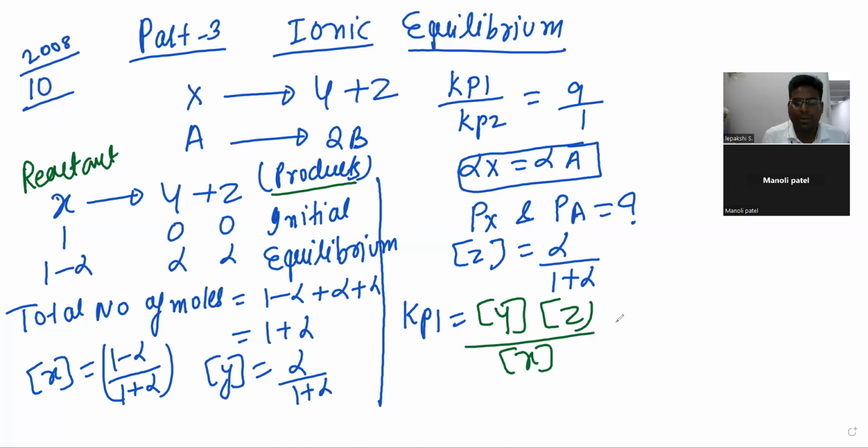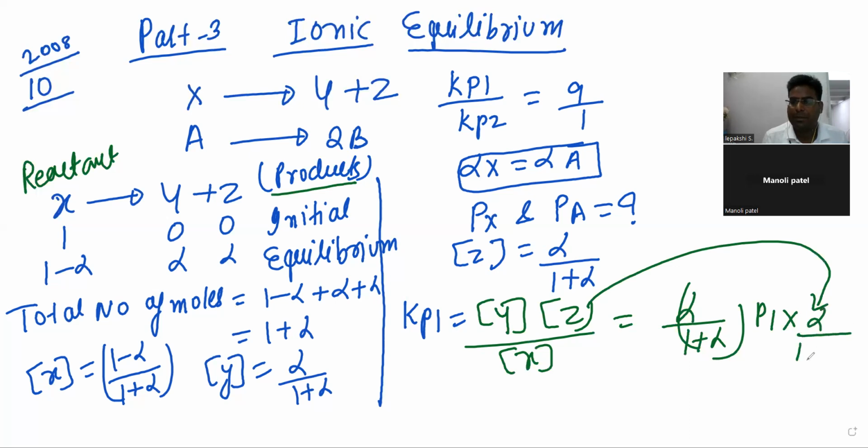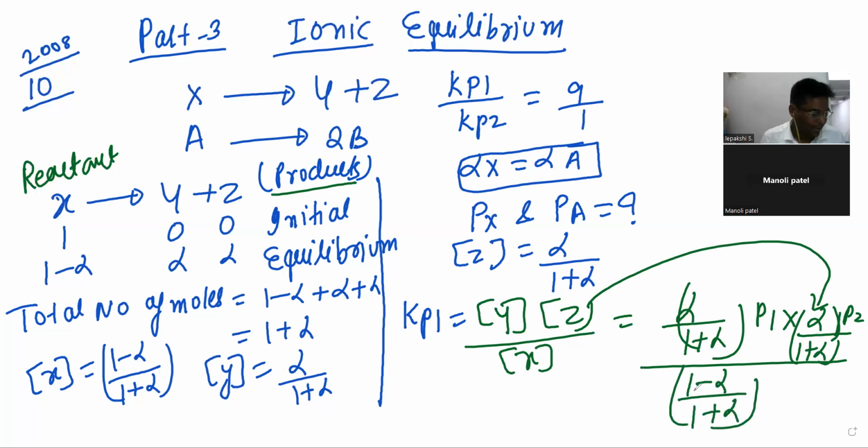In the partial pressure form, you have to write it. So now put the value of Y. It will be alpha by 1 plus alpha into P1. Similarly for Z, alpha upon 1 plus alpha into P2, divided by the concentration of X, which is 1 minus alpha upon 1 plus alpha into P1.